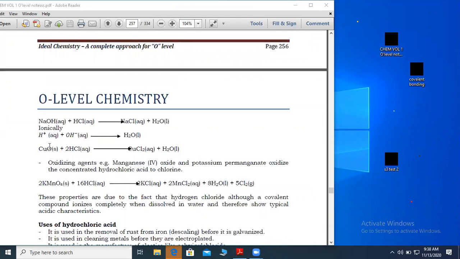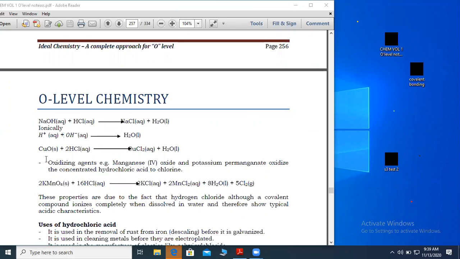So the ionic equation, you have hydrogen ions from the acid plus hydroxide ions from the base. A base, you say it is a substance that produces hydroxide ions as the only negatively charged ions. So hydrogen ions from acid plus hydroxide ions from base will form water, and that is the property of hydrochloric acid.